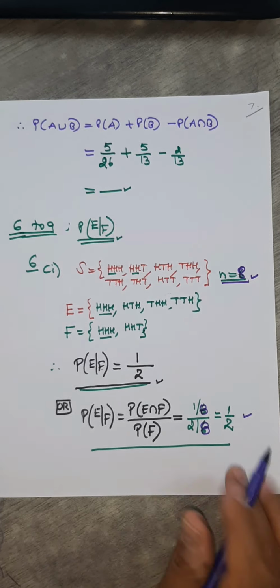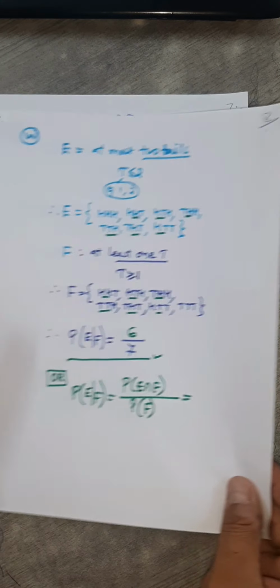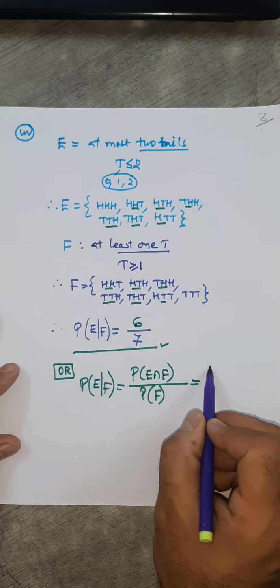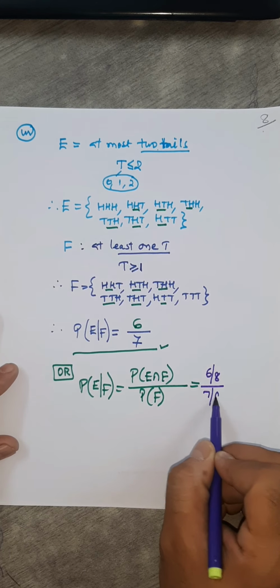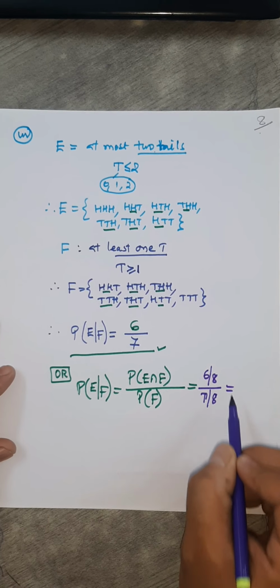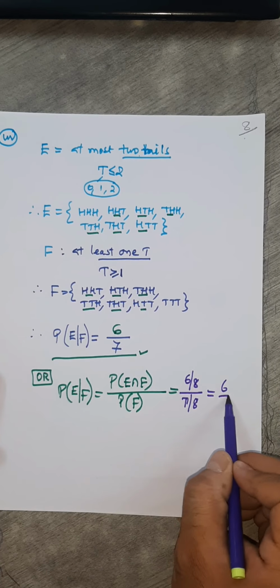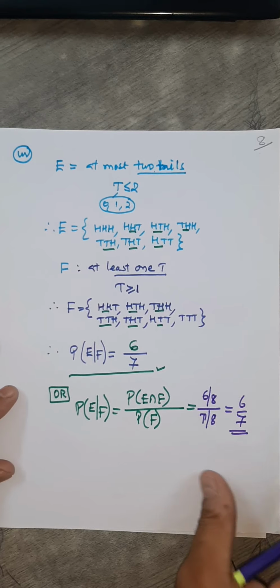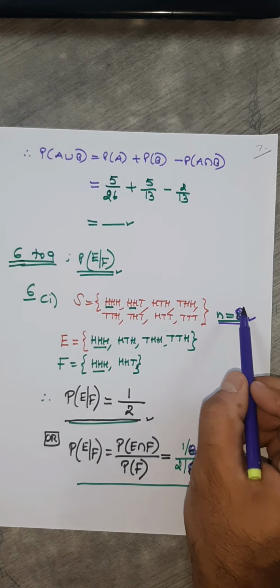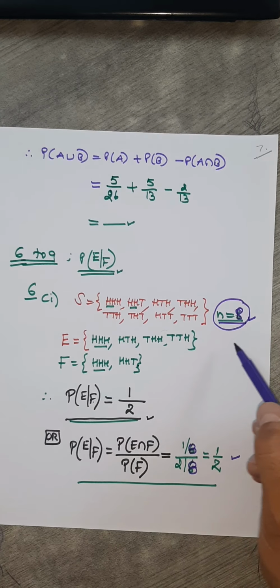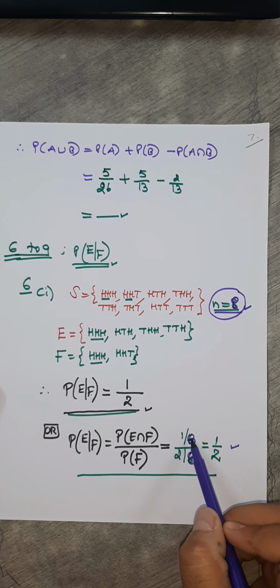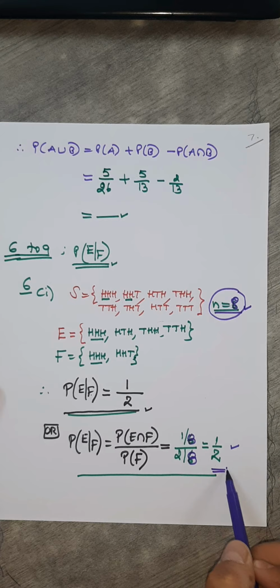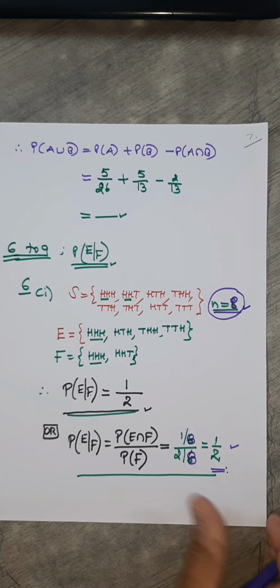So this is 6 by 8 upon 7 by 8. So 8, 8 will get cancelled. So 6 by 7. Okay, please correct this. This is my mistake. There are 8 outcomes. I wrote 6 in the beginning, which is wrong. Final probability is this only.